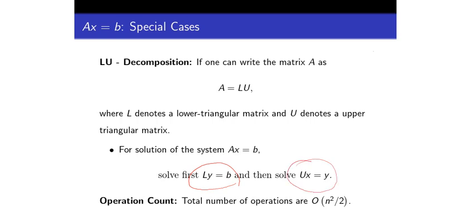What is happening here is L times Ux equals B. First, Ux is a vector, and since x is unknown, Ux is also unknown. So let's say Ux is equal to y.